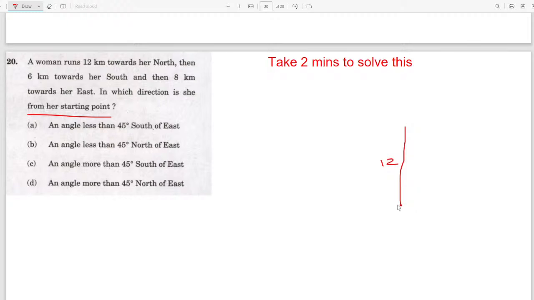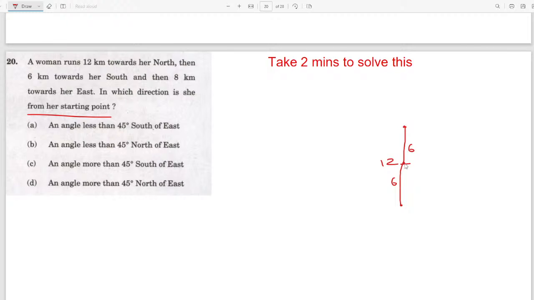She has traveled 12 kilometers north, and from here she has come back 6 kilometers. So this point is 6 kilometers from here. And when she has come back towards south, then 8 kilometers towards east.